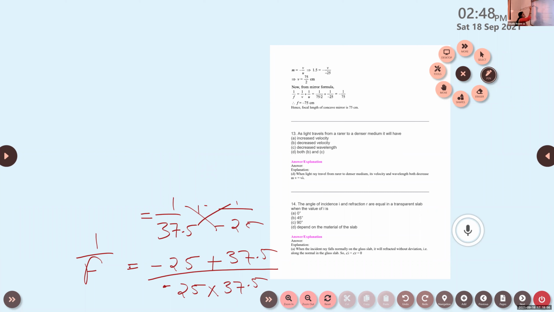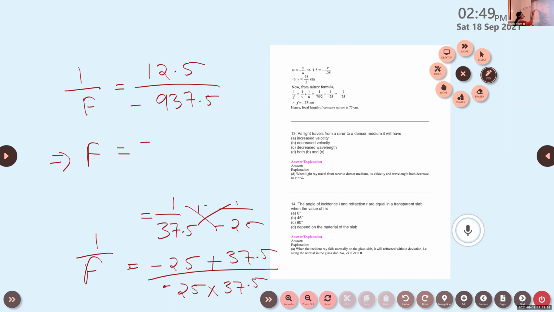So we have 1 by f is equal to minus 25 plus 37.5, it is 12.5, divided by 37.5 into 25, minus 937.5, which implies f is equal to, take the reciprocal, minus 937.5 divided by 12.5.